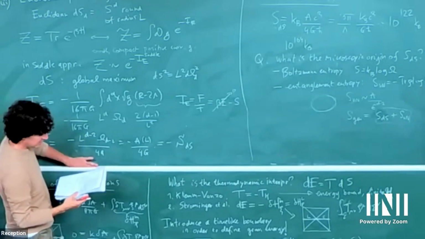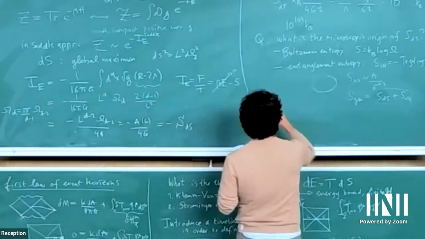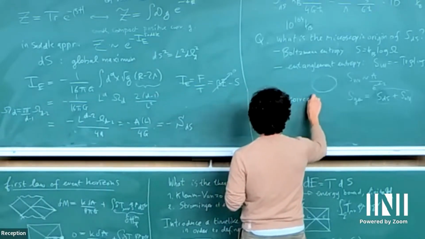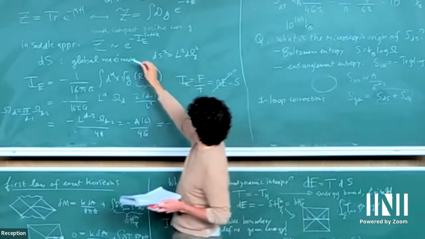One other minor comment that I wanted to make is that you can compute one-loop corrections to this saddle point approximation.